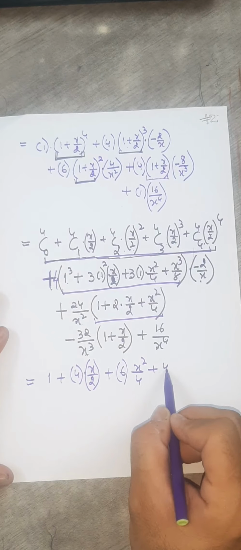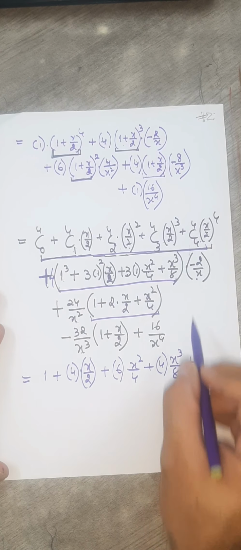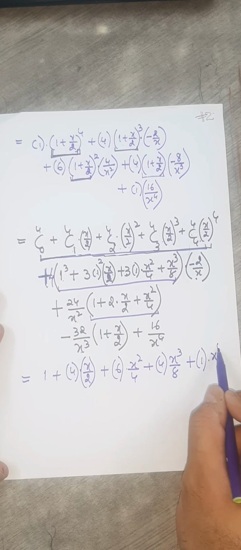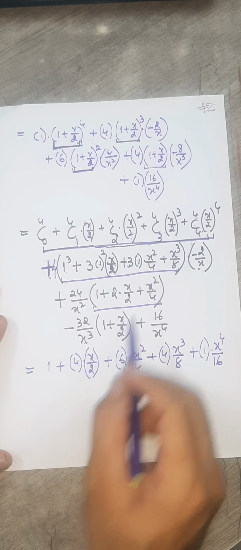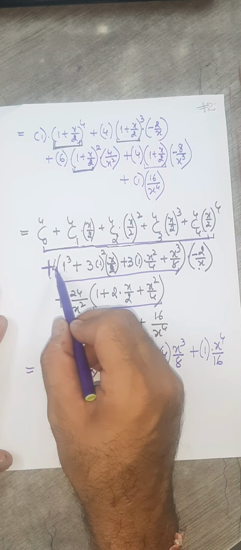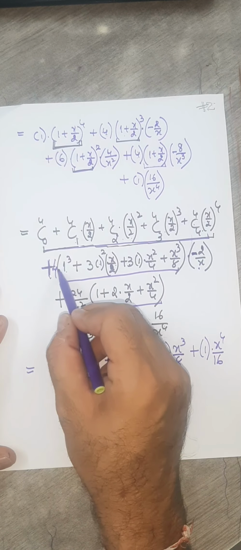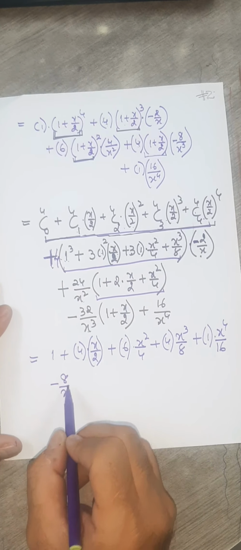Same as 4c1, which is just 4, x cube by 8. What is 4c4? It's just 1. And this is x raised to 4 by 16. Here, this is minus 8 by x, remember. So minus 4 into 2, 8 by x into 1. So minus 8 by x.